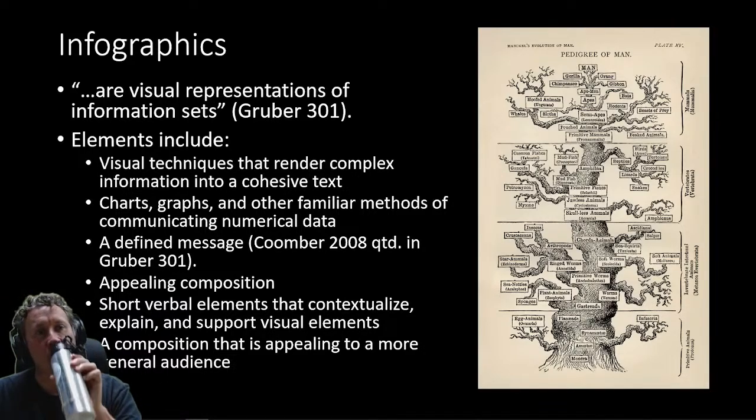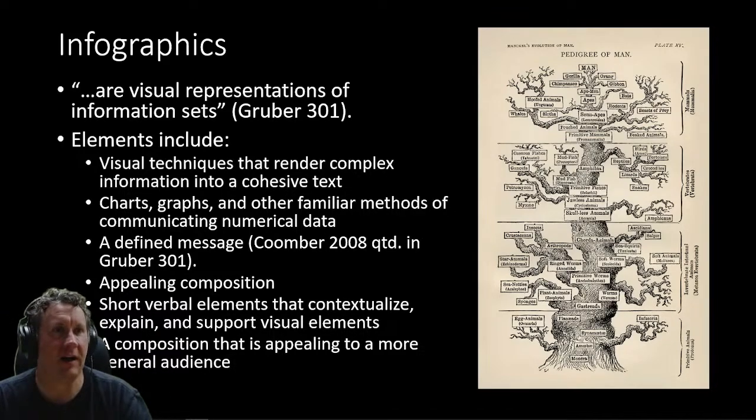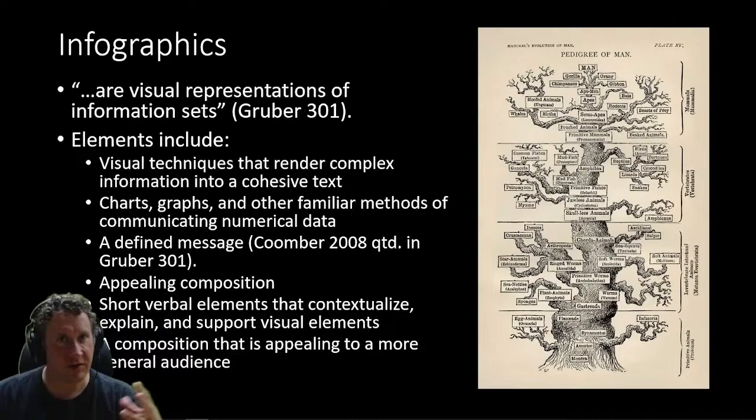Simply put, these are visual representations of information sets. So you have wide arcs of information or assemblages, collections of data and information that have some sort of relationship between one another.